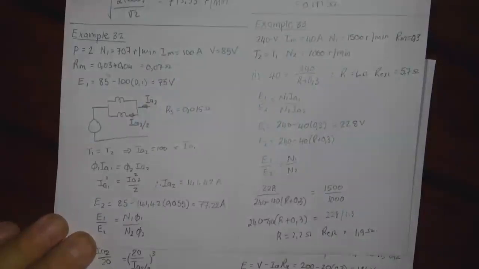And then again, we say E1 over E2 is N1 flux 1 over N2 flux 2. So 75 divided by 77.22 is 707 times 100 divided by N2 divided by 141.42 divided by 2. And if we substitute and calculate for E1, okay, so then that is what we have.